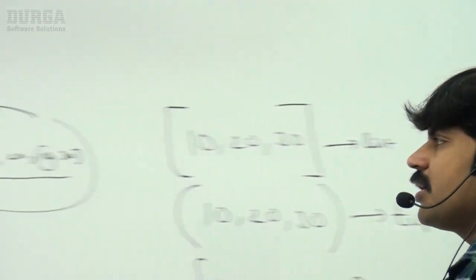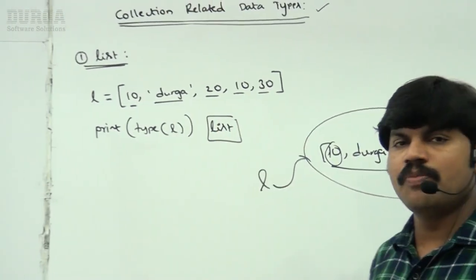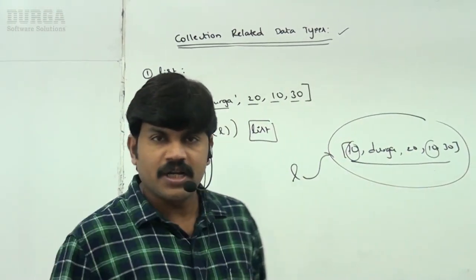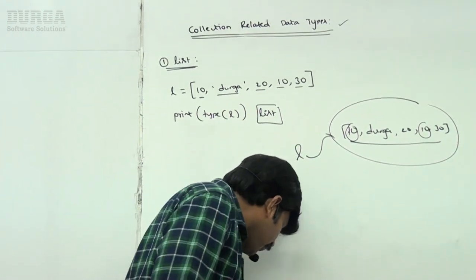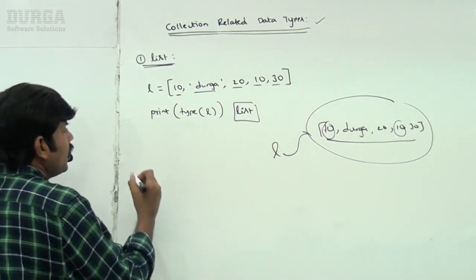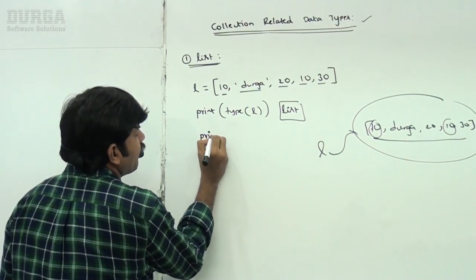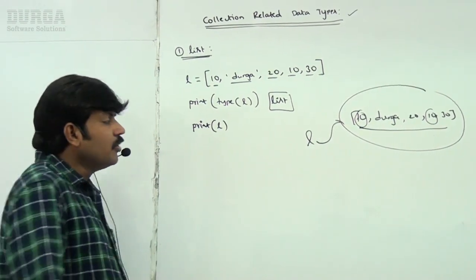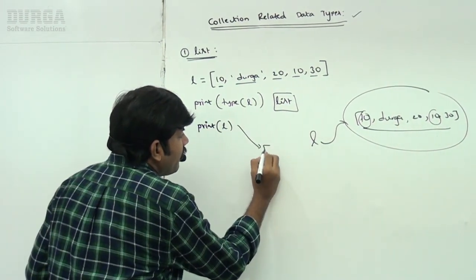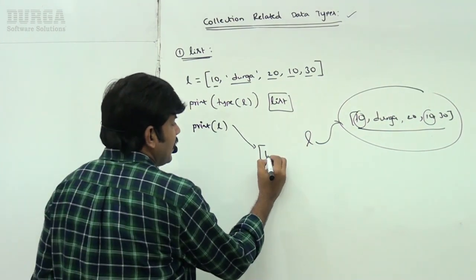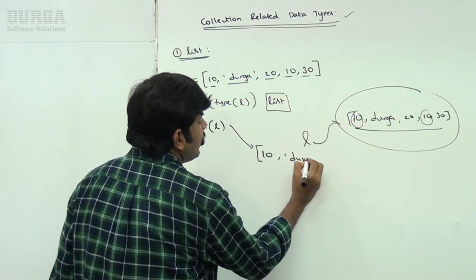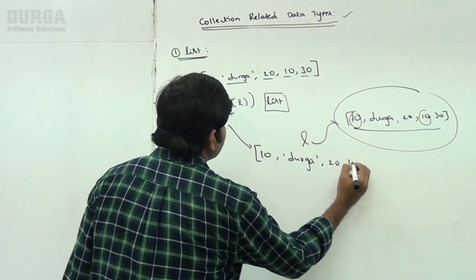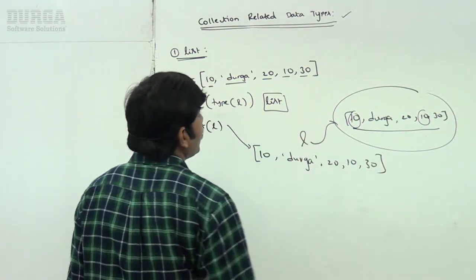Now from this diagram you can be aware that duplicates are allowed. I will show it. If I print L, can you tell the values present inside the list? If I print this one, what is the answer we are going to get? 10, Durga, 20, 10, 30.